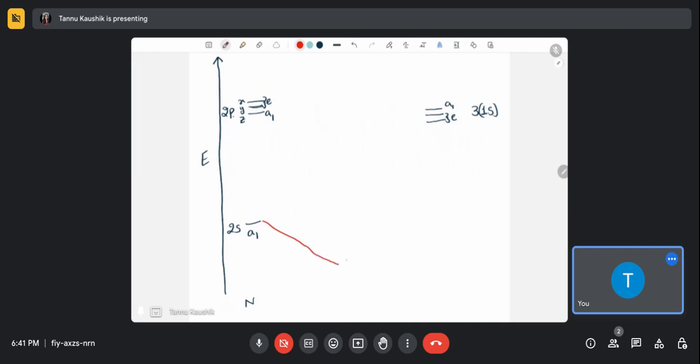A1 of the nitrogen atom, the 2s, will overlap with the A1 orbital of the three hydrogen atoms to give us the first A1 symmetry orbital, and it will also have some character of the 2p A1 orbital, because we know nitrogen has sp crossover.